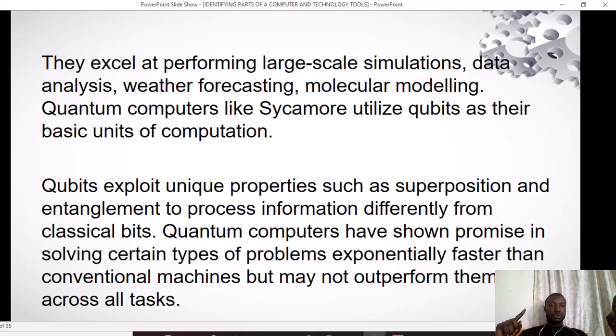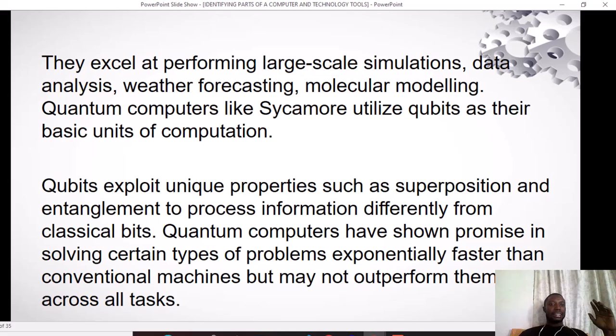We say quantum computers have shown promise in solving certain types of problems exponentially faster than conventional machines, but may not outperform them. You are very advanced, but that does not mean every problem or every situation in the world you will solve.